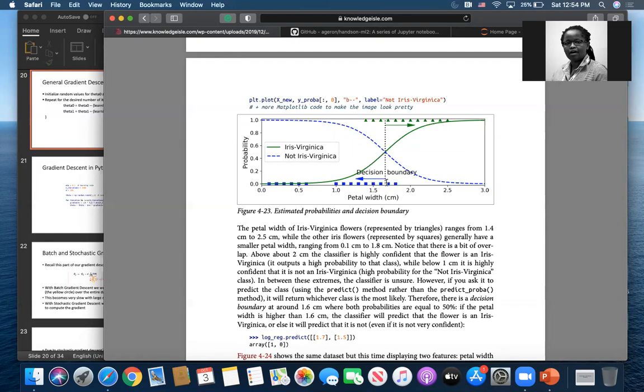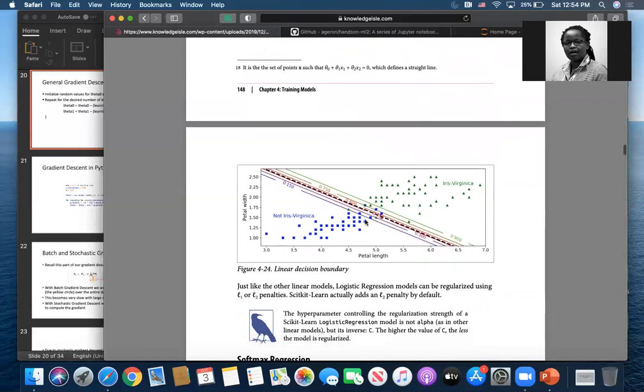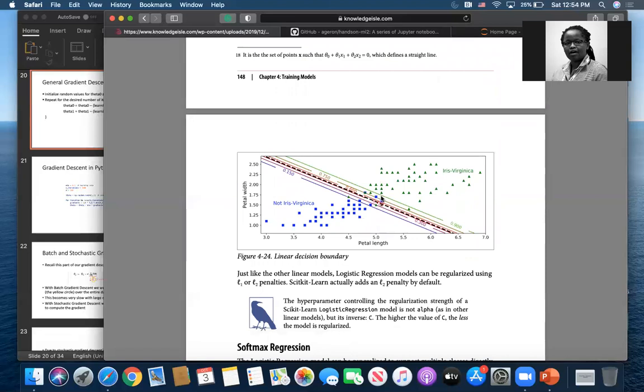When you go down, the decision boundary is what he tries to plot. If you look at 0.75, 0.60, it's more like 75% of the time I can tell you this is this flower, versus 100% of the time going higher.